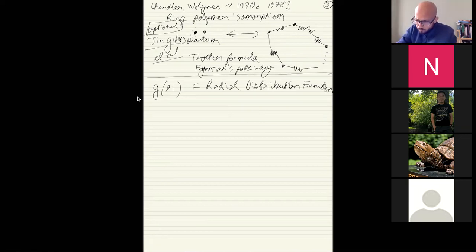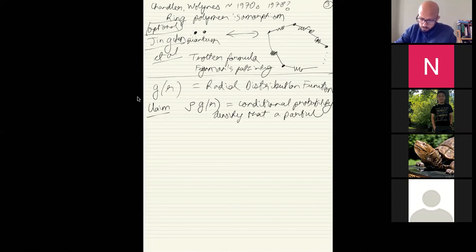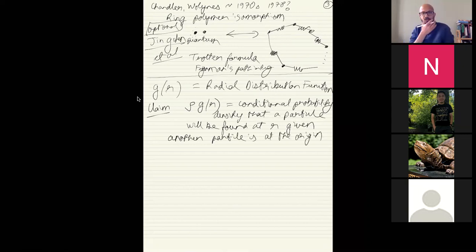So the first claim that we are going to prove now is that rho multiplied by g of r, or density multiplied by g of r, is the conditional probability density that a particle will be found at a given r, given another particle is at the origin. And this is very important. This is the first way we can get intuition into this rho g of r.